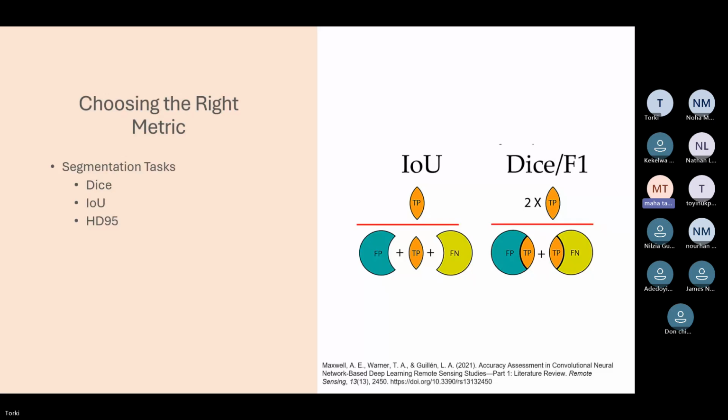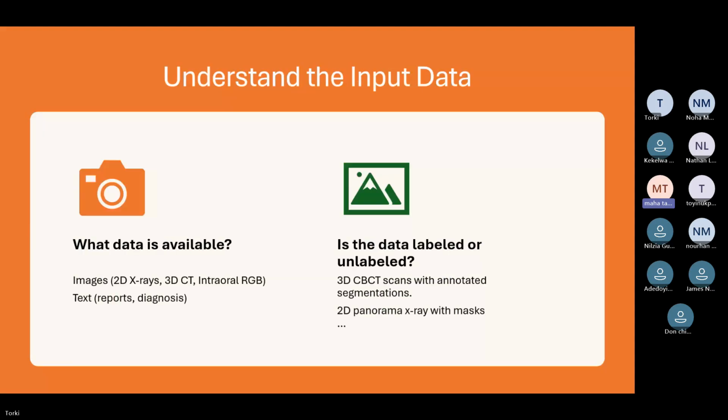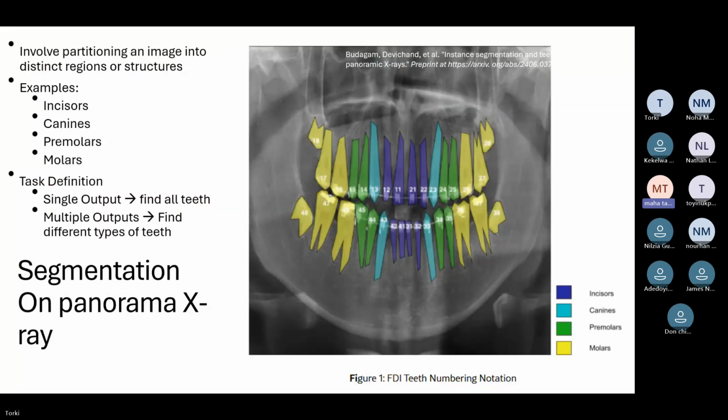Yes, please, Professor. In the previous slide where the teeth are colored, how would the HD95 work, for example, if tooth 12 and 11 are not overlapping, something like this? Okay, let me illustrate here.